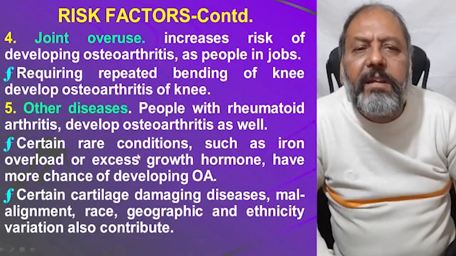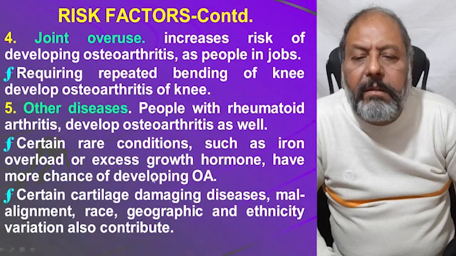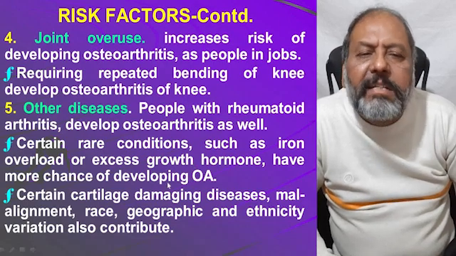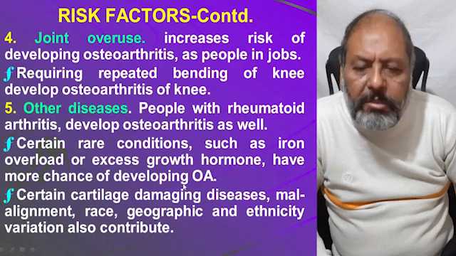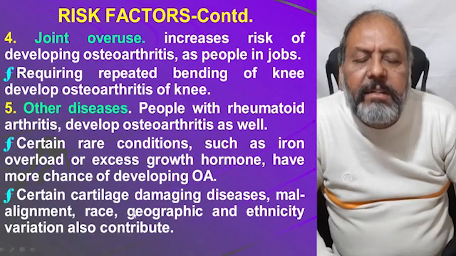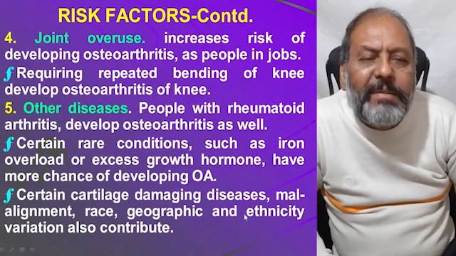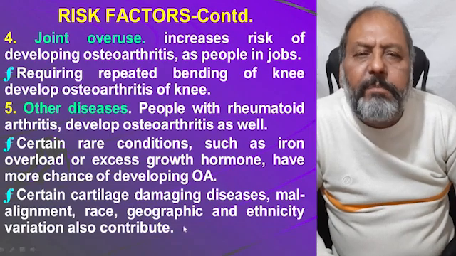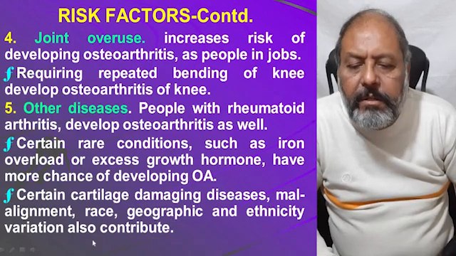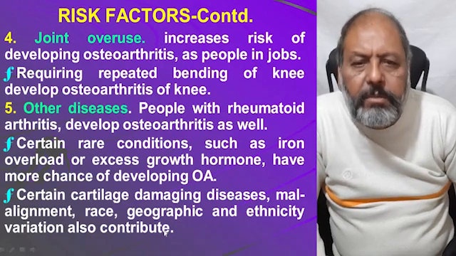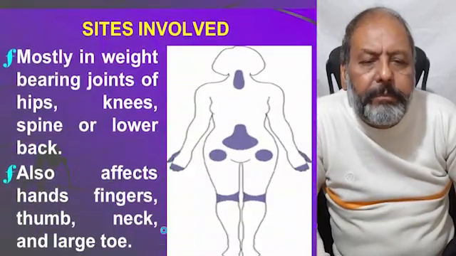Then certain rare conditions like iron overload or excess growth hormone give more chances of developing osteoarthritis. Certain cartilage-damaging diseases, malalignment, race, geographic, and ethnicity variation also contribute as risk factors.